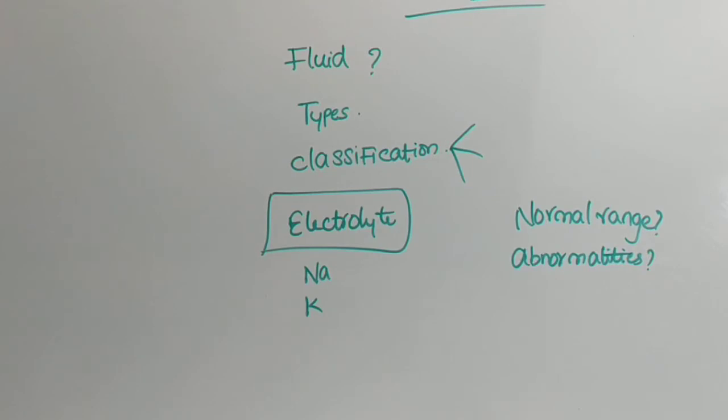So totally 1000 ml will be the fluid loss in general. That must be covered through fluid input. How do we cover it? 300 ml must be taken through the food, and 700 ml must be obtained through water intake.